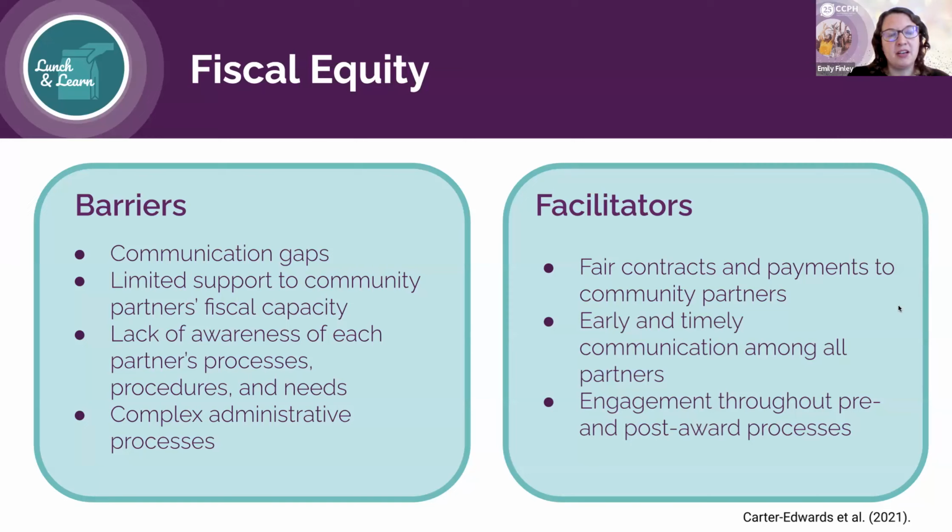And we bring this up because, as Alan mentioned, we often see community partners kind of getting the short stick with funding because they often are smaller, don't have as much administrative or fiscal infrastructure as a large academic institution, and this can lead to a lot of challenges early on if a payment plan isn't really thoughtfully built out.